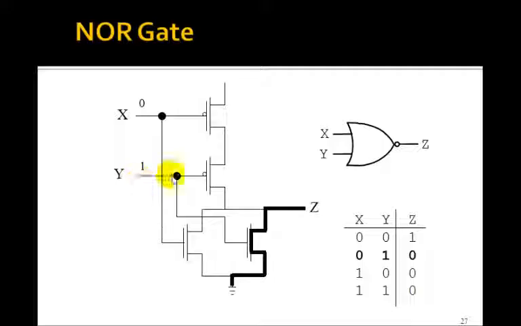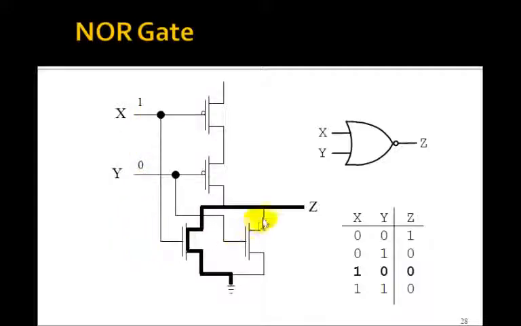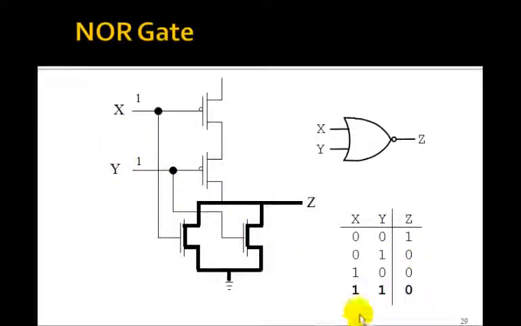However, if either one is a 1, this is a 1, it's going to close this one, and the output goes to 0. If X is a 1, it'll close this NMOS one, and it goes to 0 or ground. And of course, if they're both 1, they go to ground. So this is a NOR gate, which is 1 only if both inputs are 0. Now remember, we need the PMOS ones to go up here to 5 volts. We need the NMOS ones to go to ground.